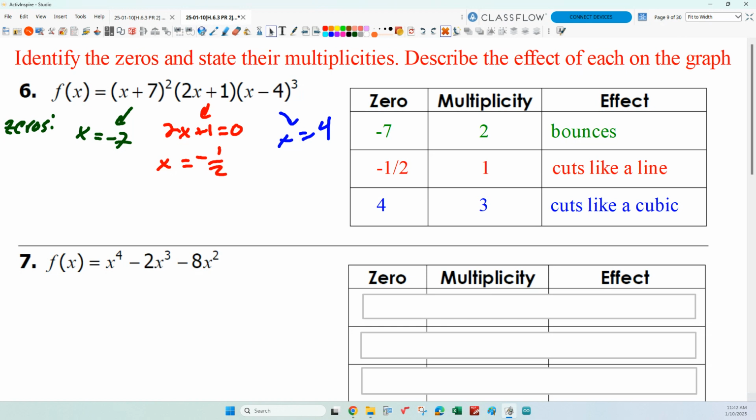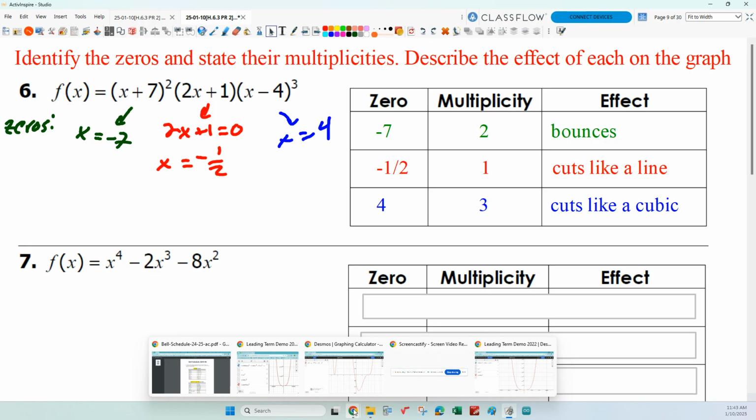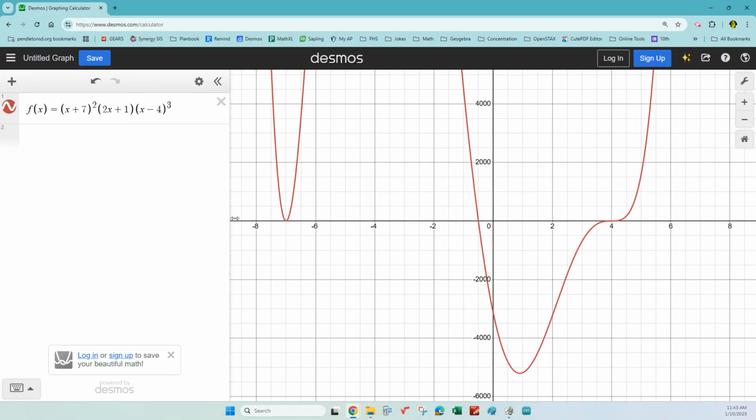You can see this. Okay, there's that graph. What do we see? At -7, sure enough, it bounces like a parabola, right? At -1/2, it cuts like a line. At +4, it cuts like a cubic.